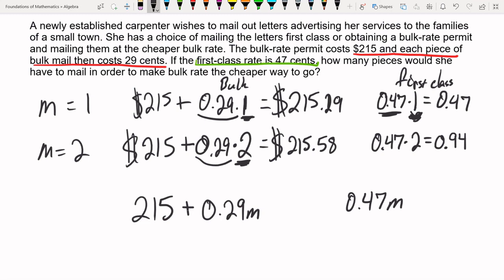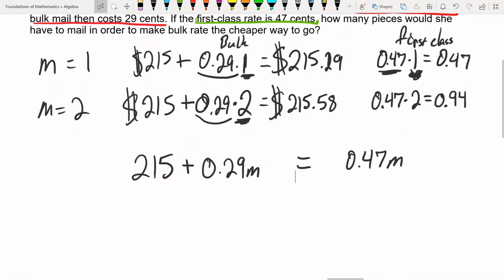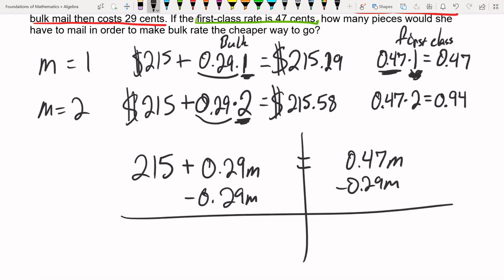Now, when are these equal? Well, just set them equal to each other and solve. So we have two sets of variables. We need to get them on one side of the equation first. To do that, I'm going to subtract 0.29m from the other side. And that gets my variables together.